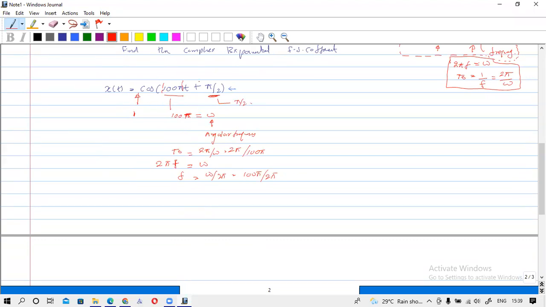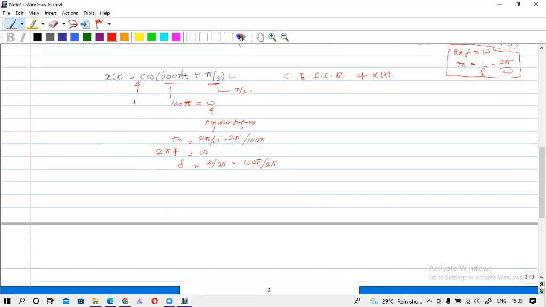Now you are asked to find the complex exponential Fourier series representation of this signal x(t). Okay, so how do you find it? Can you suggest any method? What formula are we going to use?